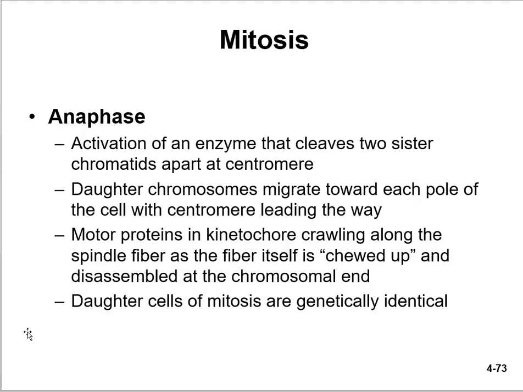The spindle fibers will keep pulling. They'll attach to those kinetochores of the chromosomes, keep pulling until finally they pull the sister chromatids apart from each other. When we see them starting to pull apart, we'll know we have reached anaphase.